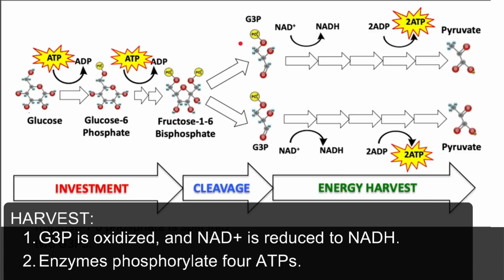That means it's going to lose energy, lose electrons, and those electrons go to NAD+. It's a mobile electron carrier, which gets reduced to NADH, and that's later going to be used in the electron transport chain. In addition, there are other enzymes that take ADP and phosphate and phosphorylate it to ATP. They're using the chemical energy in G3P to bring that about.